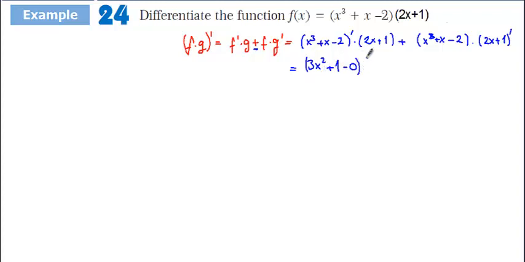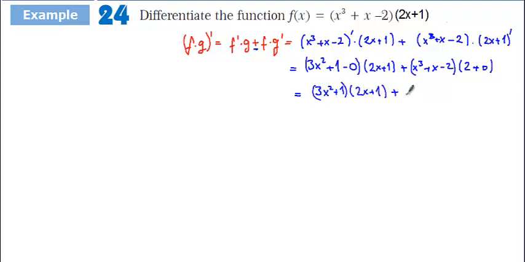2x plus 1 stays the same, plus x cubed plus x minus 2 again the same. The derivative of 2x is 2. The derivative of plus 1 is 0. So this is equal to 3x squared plus 1 times 2x plus 1, plus x cubed plus x minus 2 times 2.